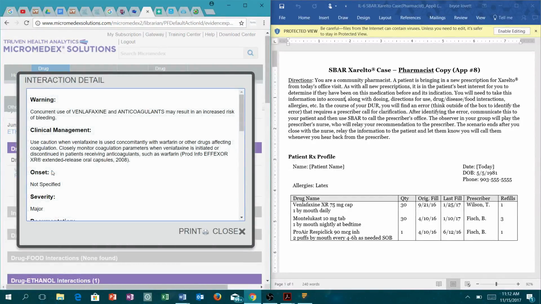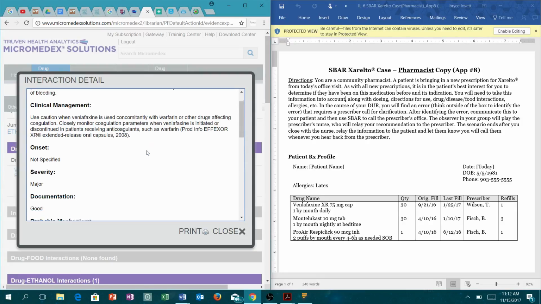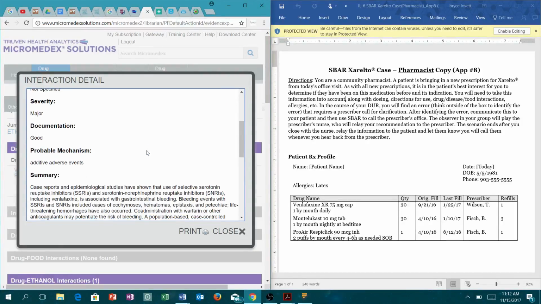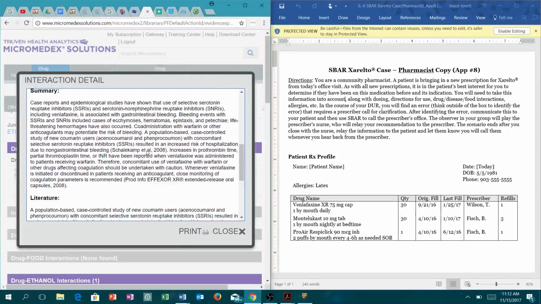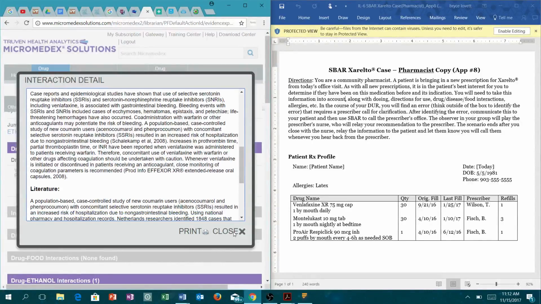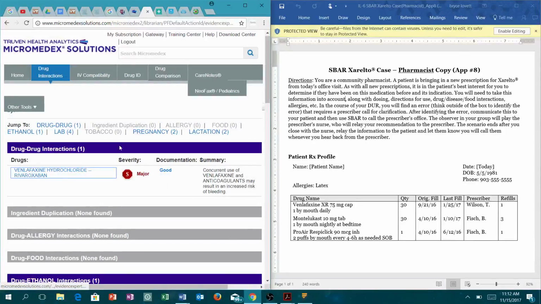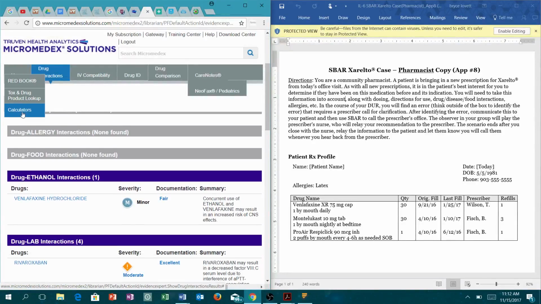Didn't come out. Let's see if they have a recommendation on here. I don't think they do. It just says monitor the coagulation. What about lowering the dose? It didn't say anything about lowering the dose.